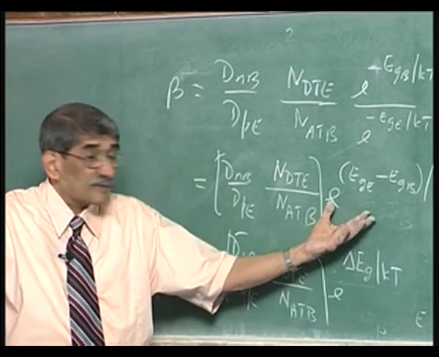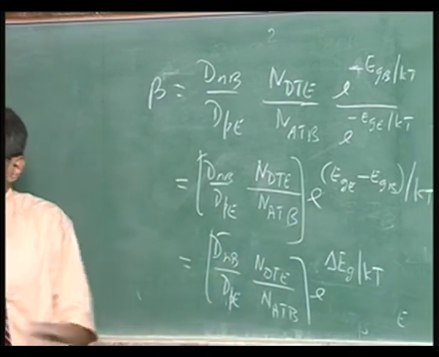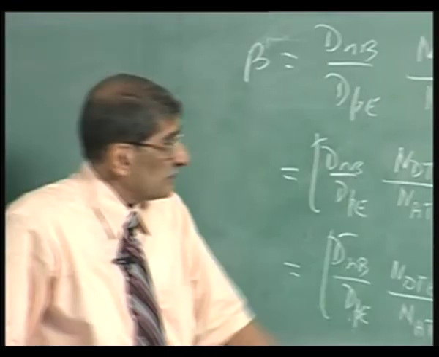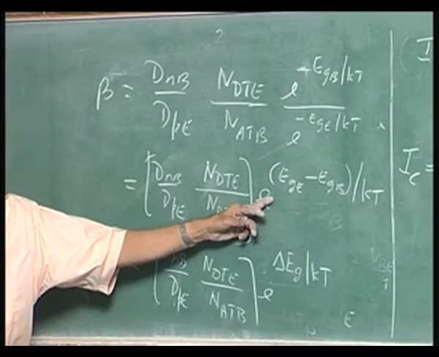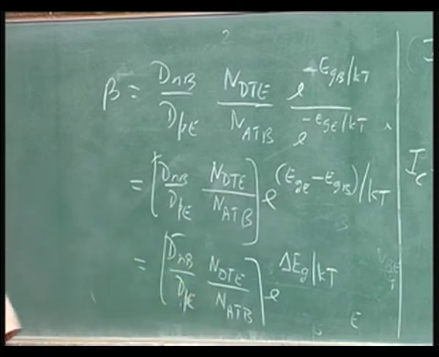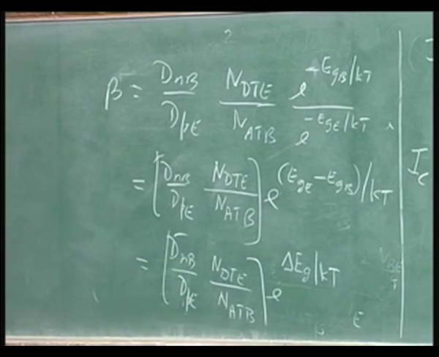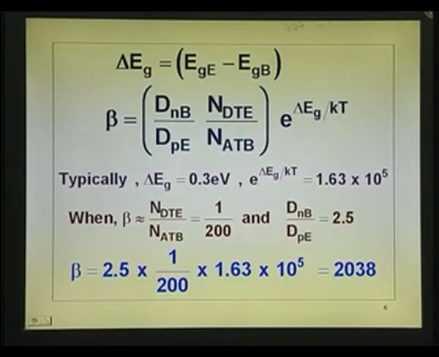So, you get a big factor here multiplying to this, which gives you the ability, if you choose the band gap of the emitter larger than that of the base. If EGE is larger than the EGB, this is a large number. If this is a large number, I can keep the beta high even if I reduce NDE.